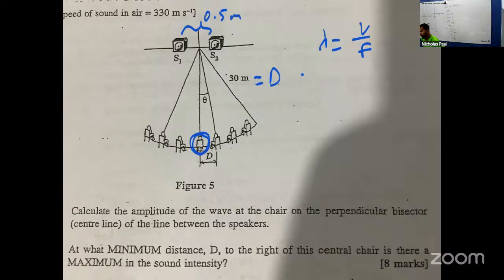If you use the wrong paper, you'll get it wrong. Yes, right, do the next part now.